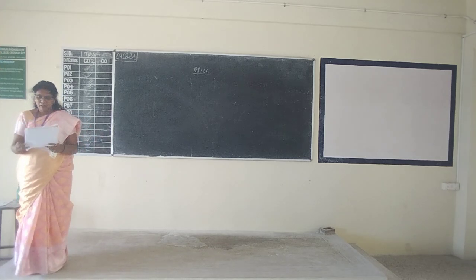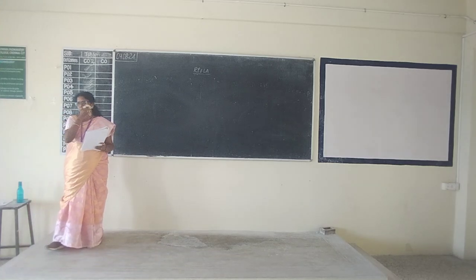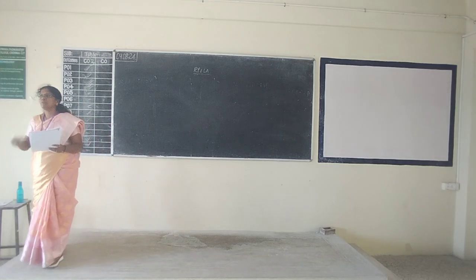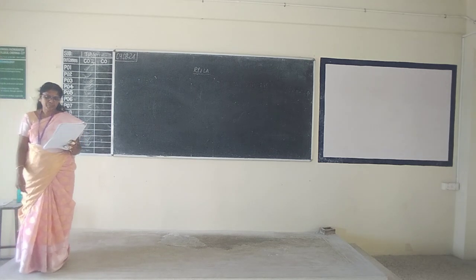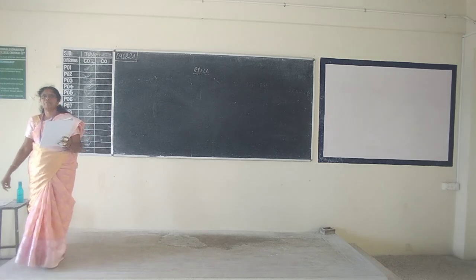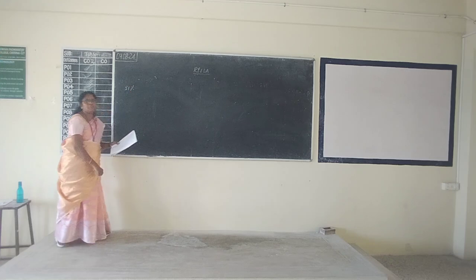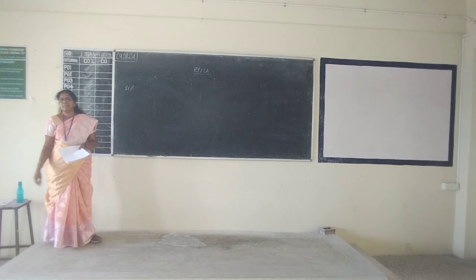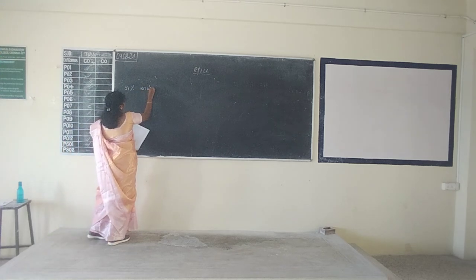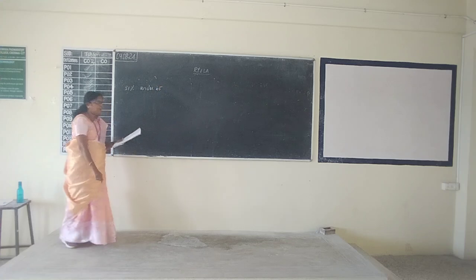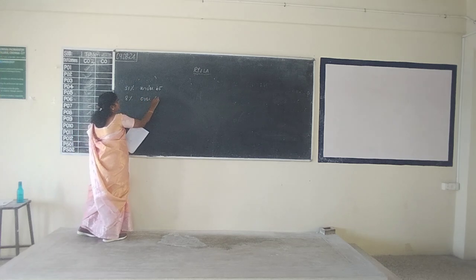Next problem. In a normal distribution, 31% of the items are under 45 and 8% are over 64.